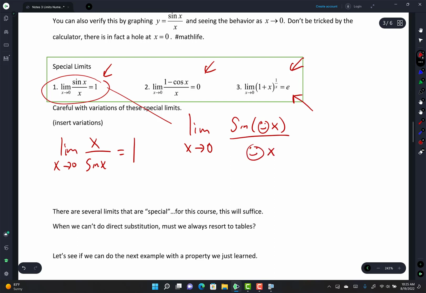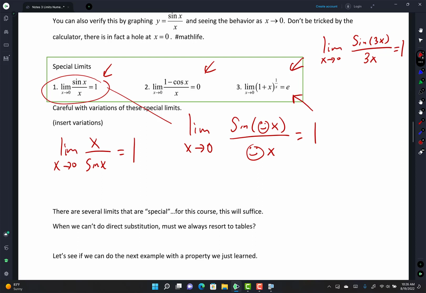That equals 1. What I'm trying to say is, if I ask you what's the limit as x approaches 0 of sine 3x, what's inside the parentheses is called an argument. If that's a 3x, then the bottom must be a 3x for this to equal 1. Does that make sense? Yes.